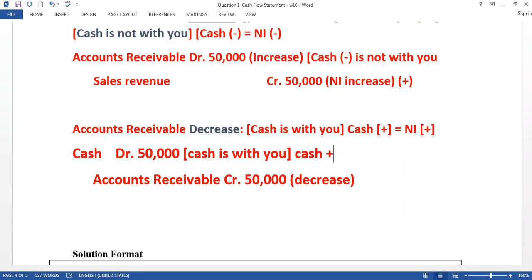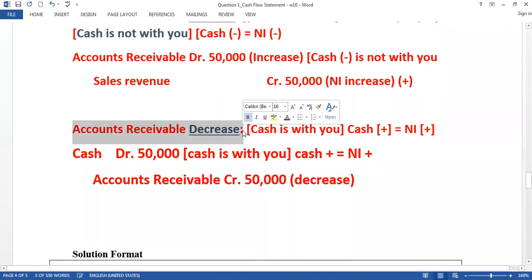So how to make cash and net income equal? If you know that cash is already with you, right, should net income increase or decrease? To make it equal, net income should also be plus, right? So accounts receivable decrease means cash is with you, so net income should increase.